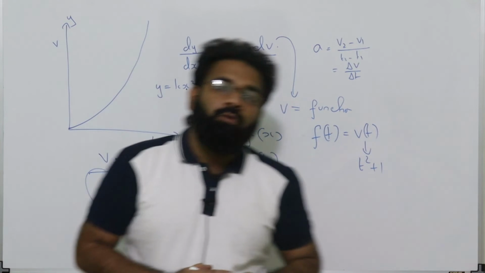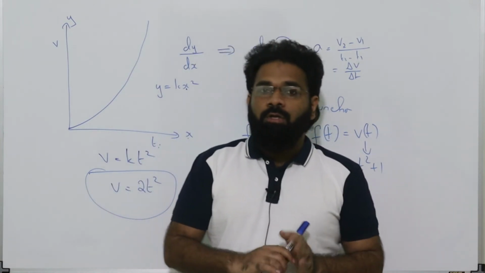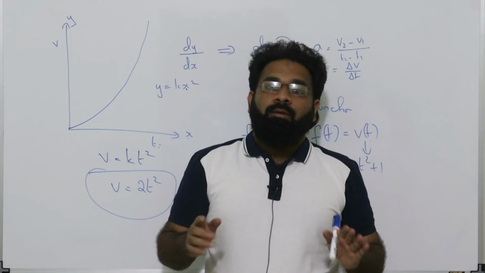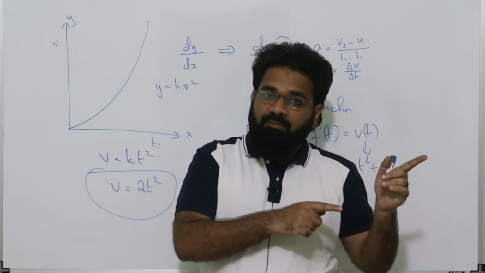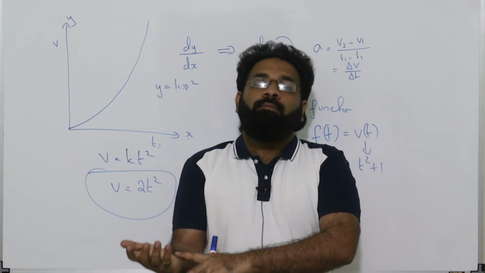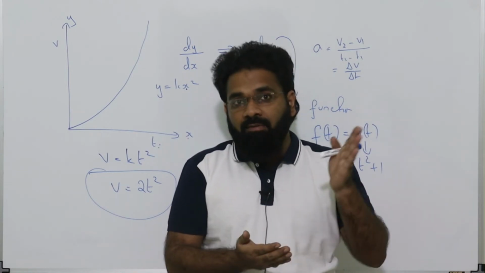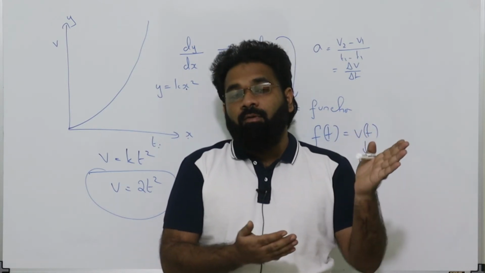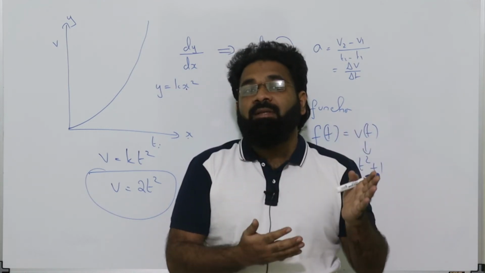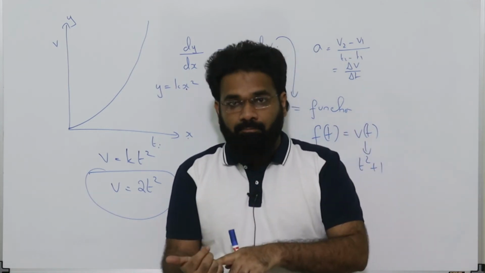Okay, so hope you understood. Slope is nothing but a rate of change of something. So if the y-axis is velocity and the x-axis is time, then when we try to find the slope, the slope is nothing but dv by dt.